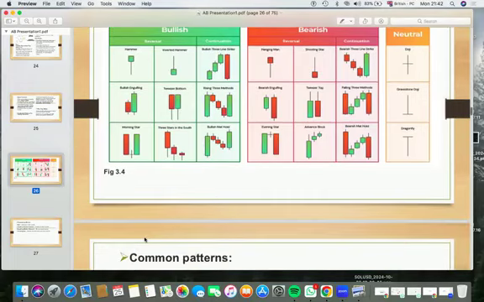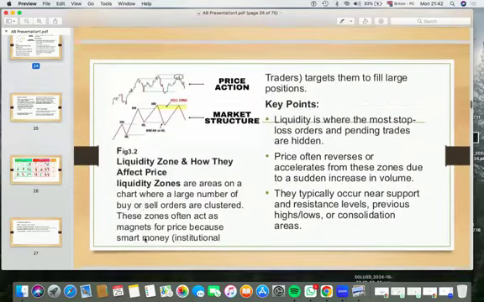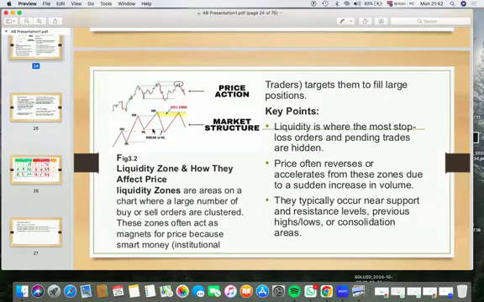Okay, the market structure. You know that when we spoke about market structure last time, we said the market doesn't really move in a straight direction, right? So it's either going in an upward trend or a downward trend, and there is also a trend which is just stagnant, and that's when the market is not moving.